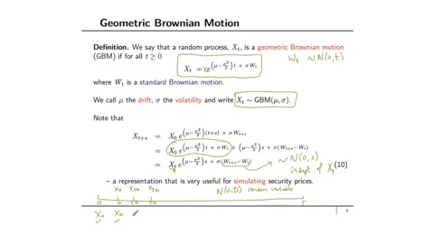You could then get X_2delta by taking t equal to delta and s equal to delta. So X_{delta+delta} is X_2delta, which equals X_delta times this quantity again. To generate this term, you could just generate a normal random variable with mean 0 and variance delta. So it's very useful for simulating a geometric Brownian motion.